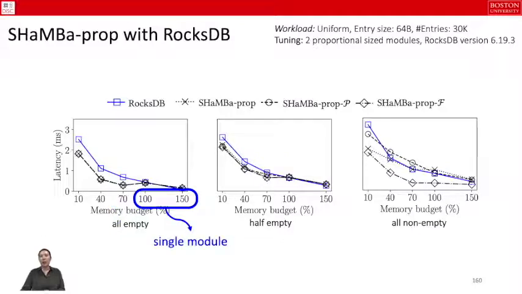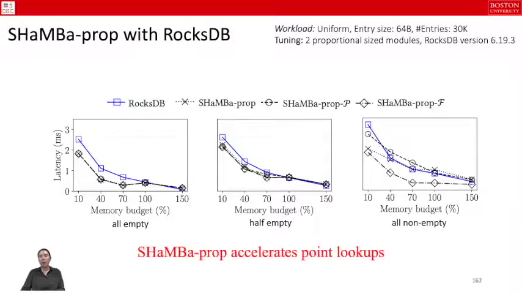When the available memory is larger than necessary, only one Bloom filter with full size is used. As shown, the performance improvement is a little less than with equal sized modules, but proportional sized modules also accelerate point lookups.